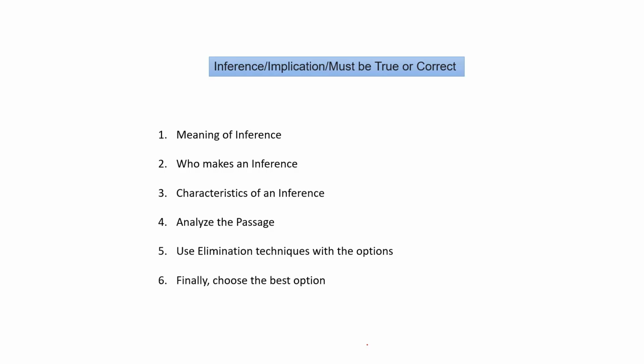We will eliminate it. And finally, how do we choose the best option? We choose the best option by using the definition. It is supported by the information. That means every keyword in the best option is supported by the passage.